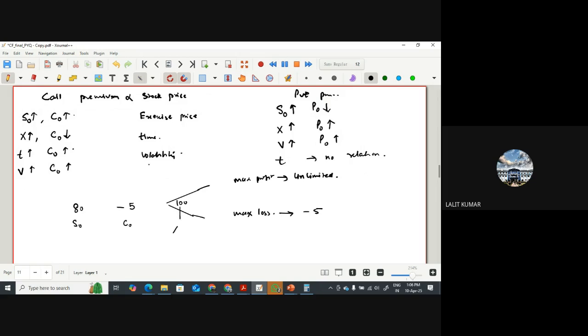Strike rate is 100. And I'm asking what is the maximum profit and what is the maximum loss I can incur. Yeah, the stock price can go anywhere. That is why unlimited. Okay. And maximum loss is how much? Anything lower than 100, I will have only 5 rupees. So maximum loss I will incur is 5 rupees.